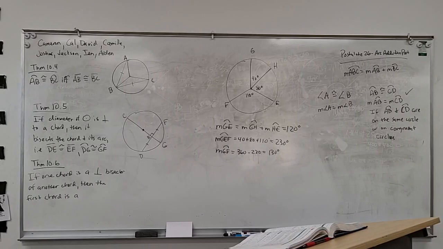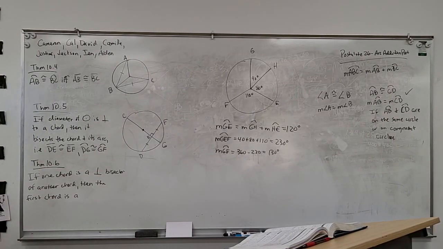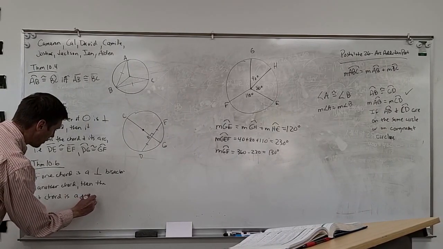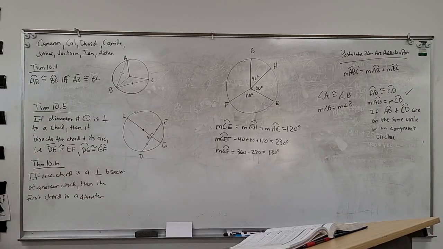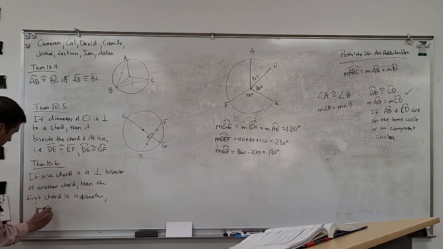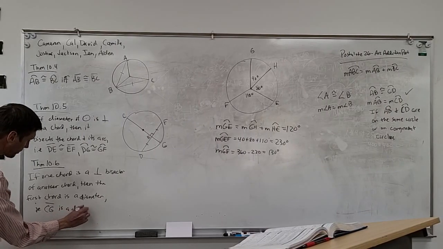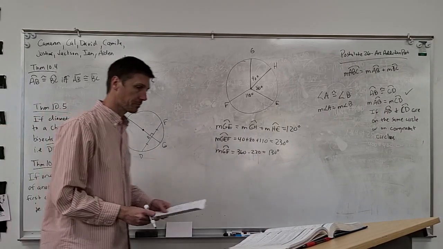What do you guys think it's going to say? Don't leave the book. Based on what we just defined here, what do you think I'm going to write next? Diameter, right? So if one chord is a perpendicular bisector of another chord, then the first chord has got to be a diameter. I.e., in our drawing, CG is a diameter. Okay?